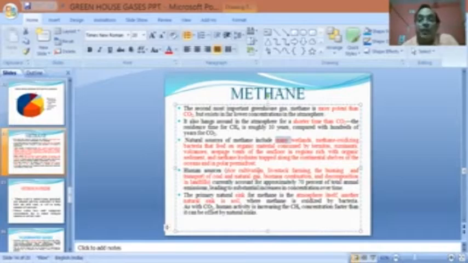One more thing I would like to point out here: this rice cultivation and livestock farming is a big challenge. This is a cause of concern for the United States. Do you know that the United States has raised objection that we should reduce the percentage of our farms under rice cultivation, because by increased rice cultivation we are adding methane into the atmosphere and thereby contributing to global warming.